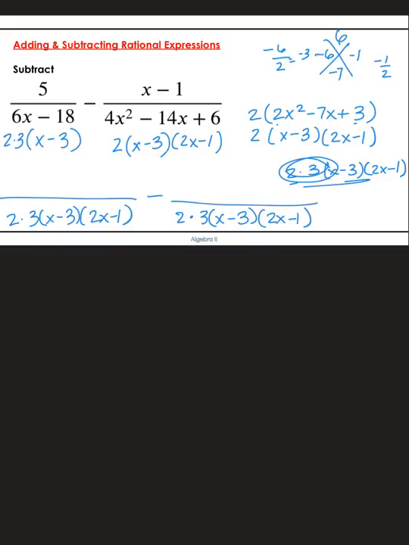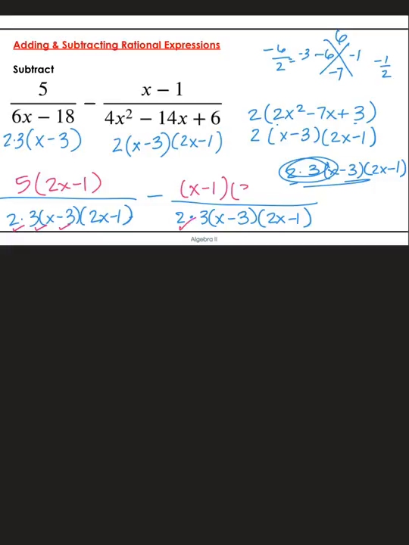Okay. So I have 2 times 3 times x minus 3, and then 2x minus 1. So I know I need a 5. I have a 2, I have a 3, I have an x minus 3, so I need 2x minus 1. Okay. On the other side, I know I have an x minus 1, and I have a 2.